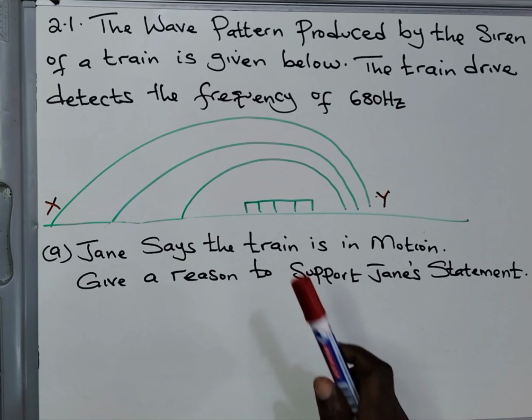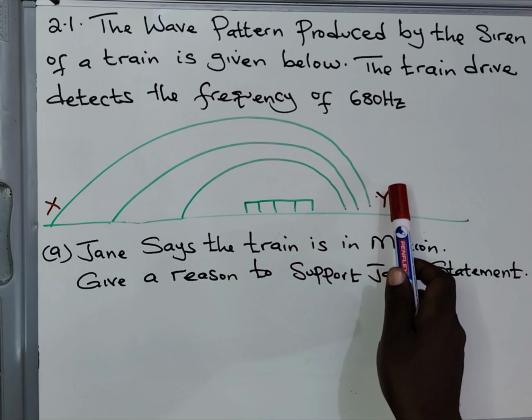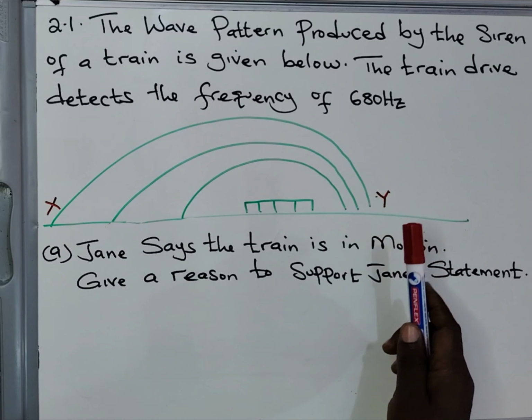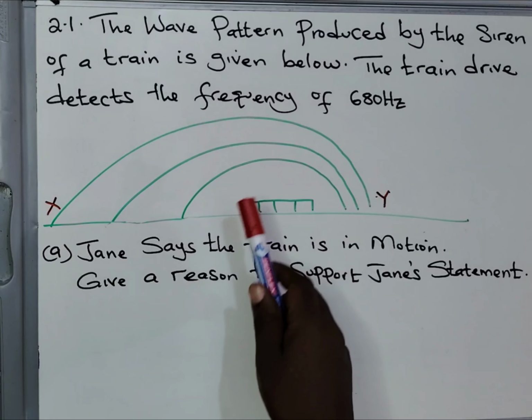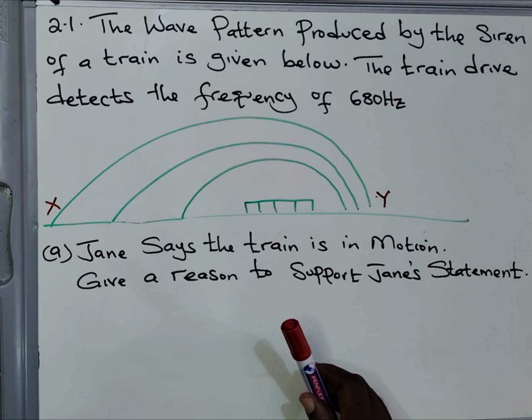And when you have a non-uniform wave pattern, the conclusion is that the object under consideration is in motion. So that is it.